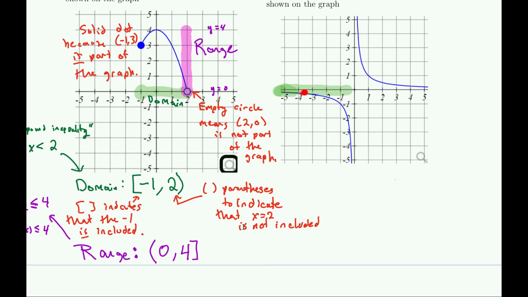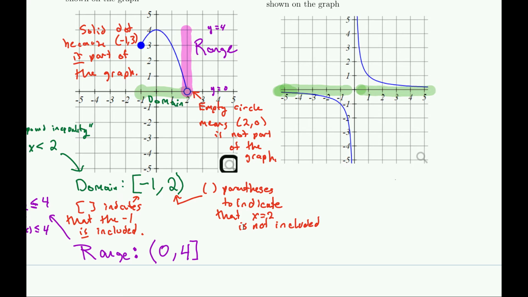That's this section of the graph. Now notice I left a little gap there, because right at x equals 0, you don't actually see anything. That's missing. And then you've got another section of the graph, just on the other side of 0 that goes this way forever. And so that's your domain.